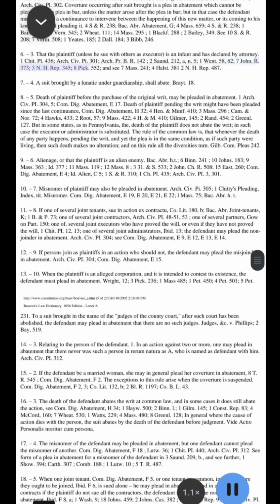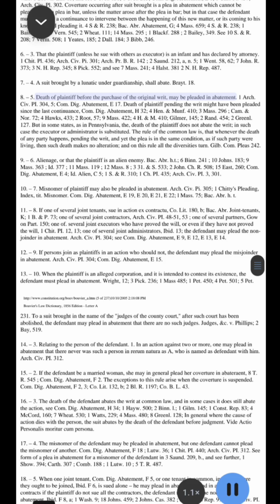R. 373, 3 N. H. Rep. 345, 8 Pick. 552, and 7 Mass. 241, 4 Halst. 381, 2 N. H. Rep. 487. 4. A suit brought by a lunatic under guardianship shall abate.